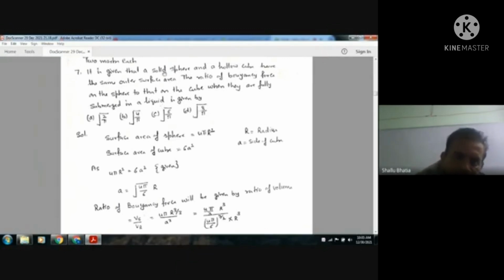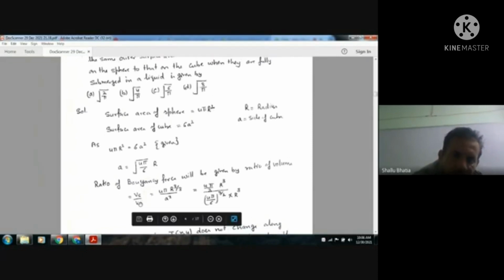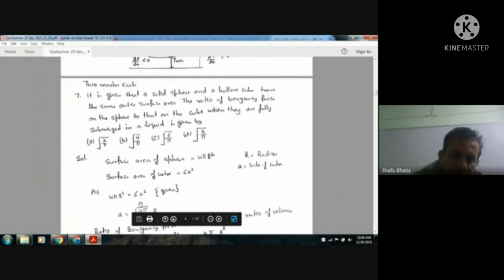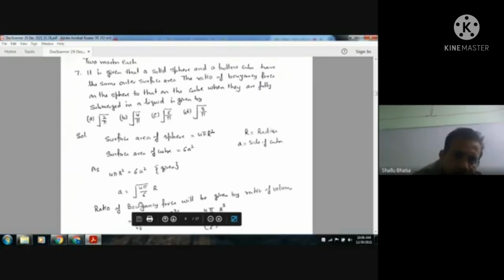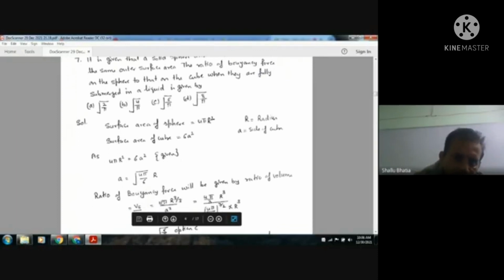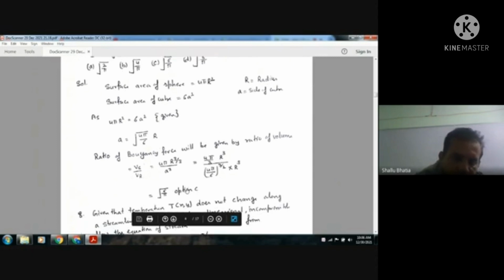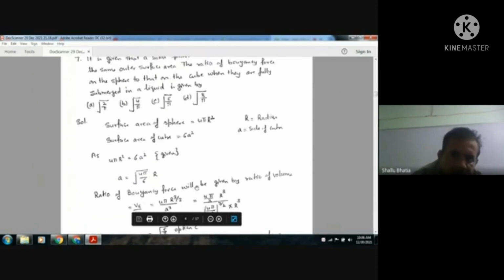As both the solid sphere and hollow cube are submerged in the same liquid, the density is the same. So the buoyant force ratio is the ratio of the volume of the solid sphere and the volume of the hollow cube. Okay. So this is the ratio, and the a and r relationship is given. So this is your root of 6 by pi. So option C is the right answer.